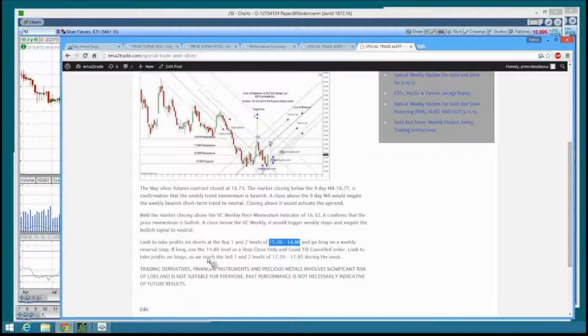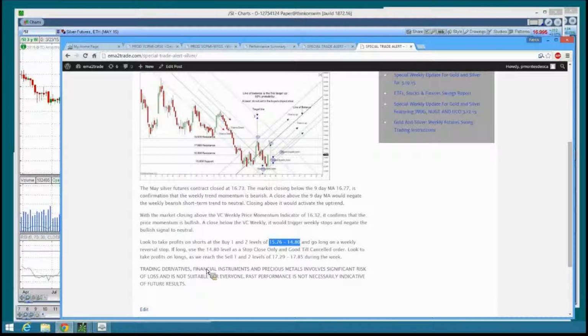And if you go long at these levels and you get triggered at 1576, then you use the 1480 as a stop. So it identifies for you basically the buy one of 1576 and the buy two level of 1480 on a weekly basis. And if you get activated, use the 1480 as your weekly stop, close only, good till cancel order.